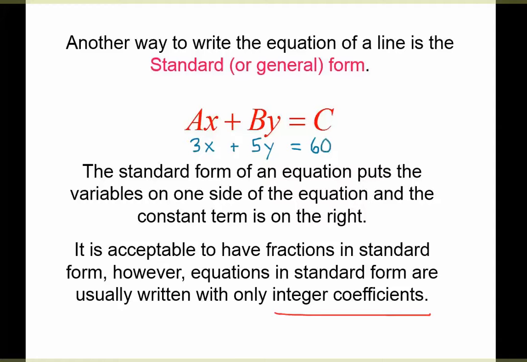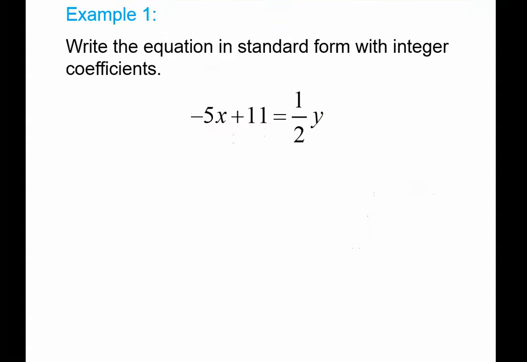Notice how x and y are both on the same side, and the constant 60 is by itself on the other side. You've seen this before when we graphed equations using intercepts. This is the form we would use to plug in 0 for x if we wanted to find a y-intercept, or plug in 0 for y if we wanted to find an x-intercept. So you've definitely worked with standard form before, and you've probably heard me mention it in class by now.